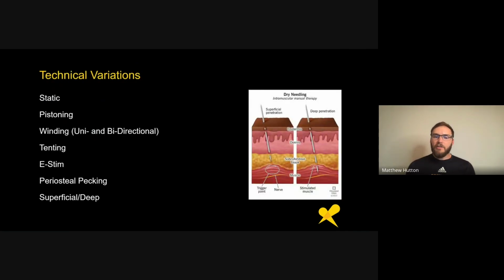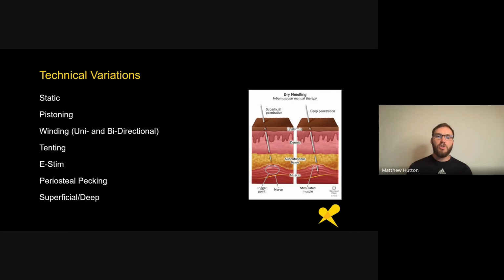The periosteal pecking is used more for bone and connective tissue. So if you have somebody with an articular issue or pathology where they have maybe osteoarthritis, or maybe some kind of an osteochondral defect, or let's say MTSS, medial tibial stress syndrome, where they have so-called shin splints.